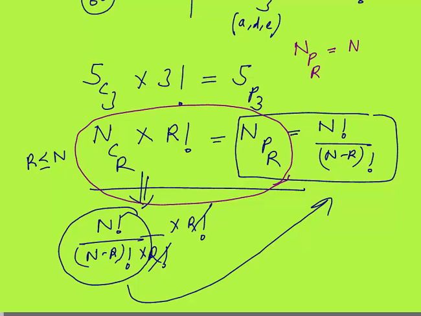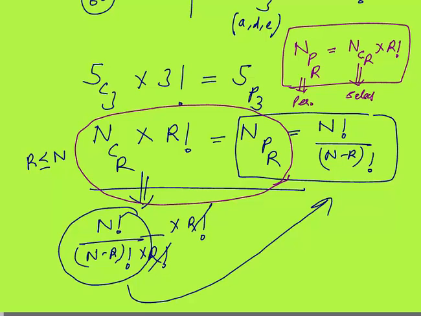This is selection and arrangement. First select r things, nCr, then arrange r things. This is permutation, this is selection and arrangement. This C means only selection. That is the relation between permutation and combination.